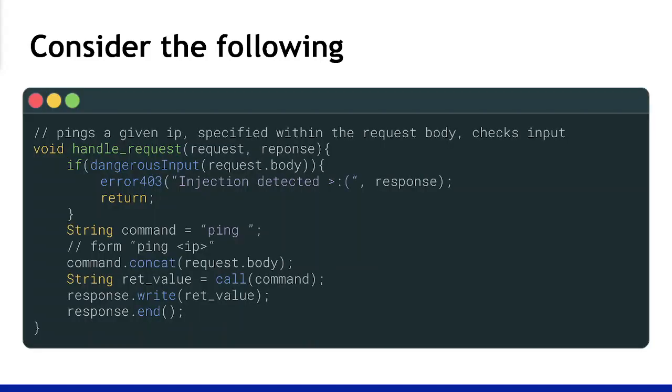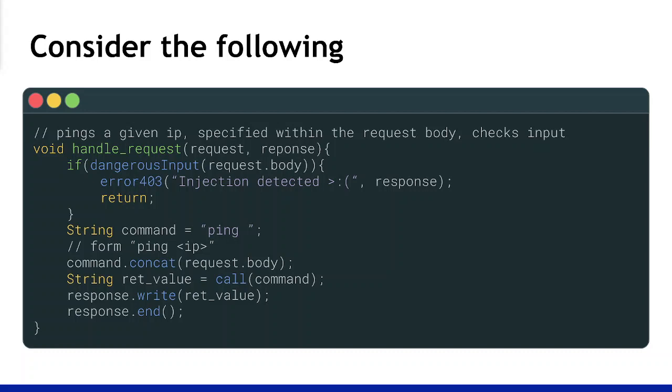So let's actually take a look at the pseudocode for this server. Again, we have the same handle request method, and it's appending whatever we have in our input to a command and then calling said command in the terminal and returning whatever value.